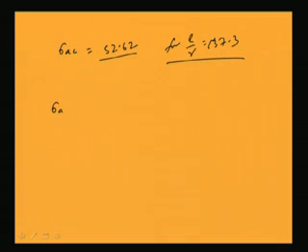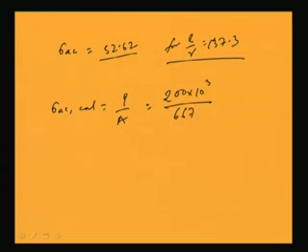Now sigma AC calculated can be found as P by A. This will become 200 into 10 cube by 6671. So this is coming 29.98 MPa. This is less than sigma AC allowable.